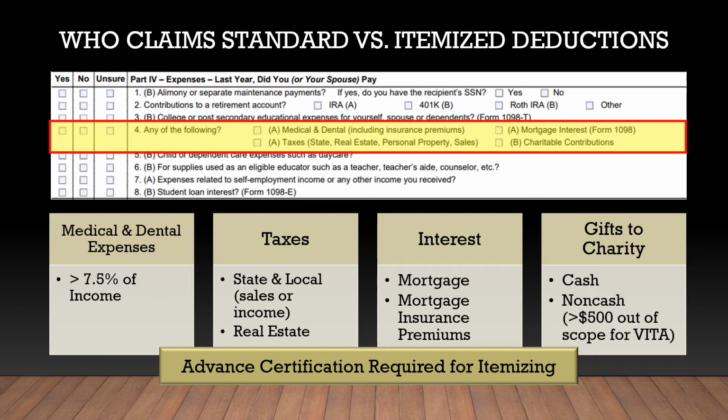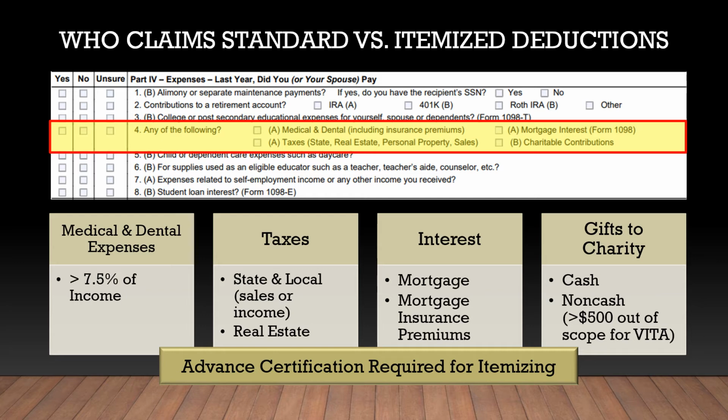And at least for this year, mortgage insurance premiums are still able to be included in that, but that is a provision that is set to expire and hasn't been renewed in the coming years. But it wouldn't be the first time that it was set to expire and eventually got renewed. But for now, that's just for 2021.